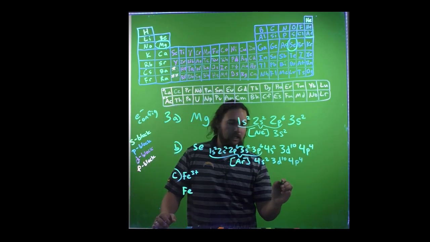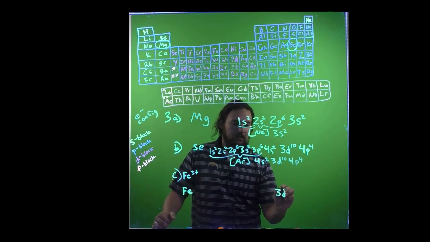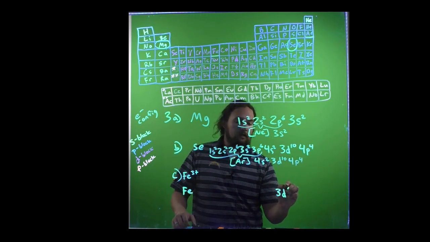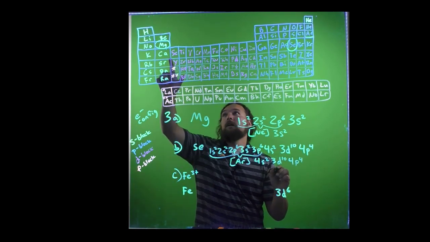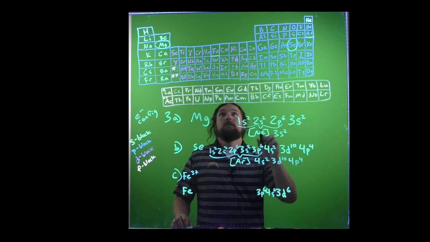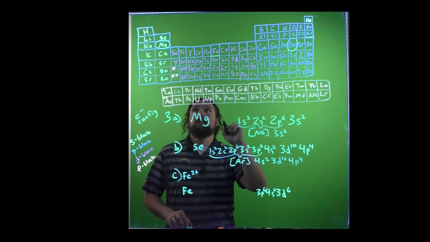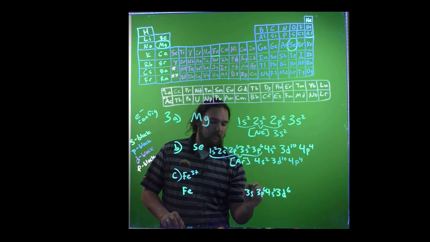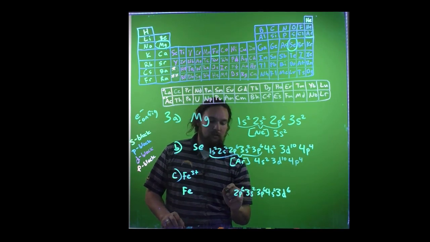So for iron, it ends at 3d6, 4s2, 3p6, 3s2, 2p6, 2s2, 1s2.